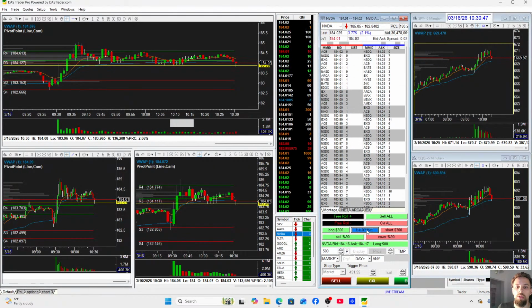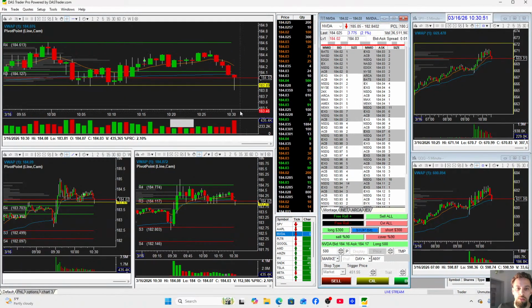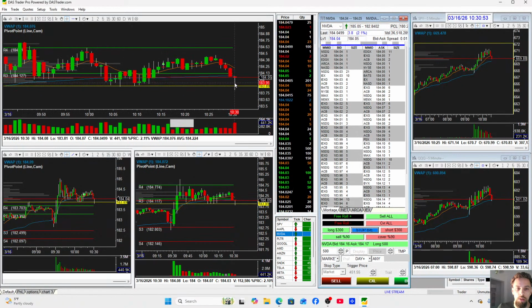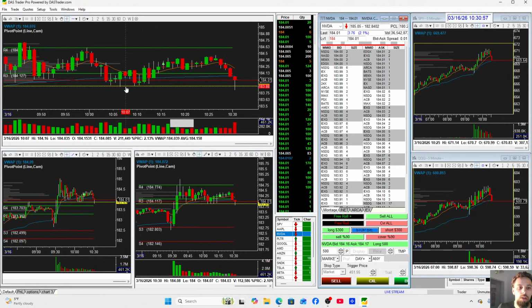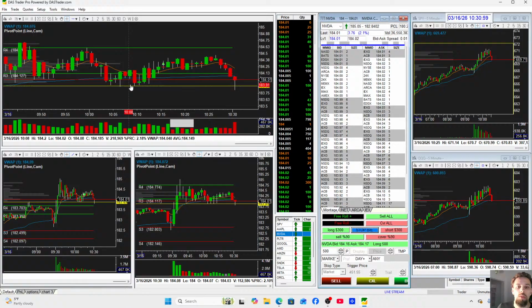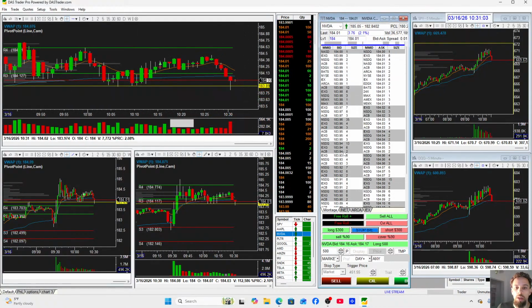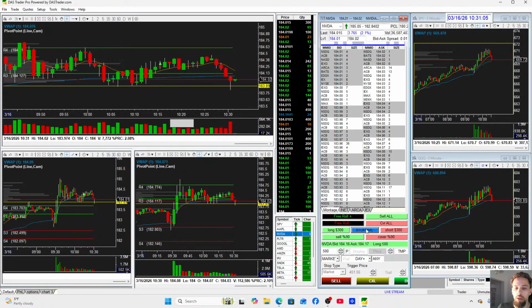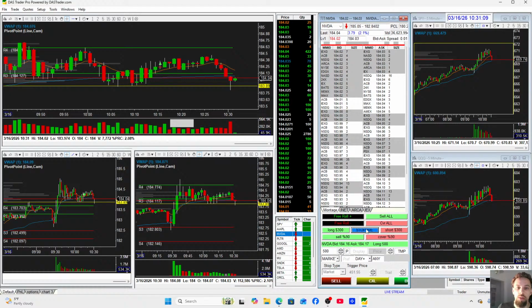Let's see if it can bounce right here. Still in the position, guys. That's what I mentioned earlier. Wouldn't be surprised if it comes down, tests this range, squeezes out those longs. Doesn't mean it won't move back down, though. It can definitely move right back down. But it seemed to just liquidate those longs there.